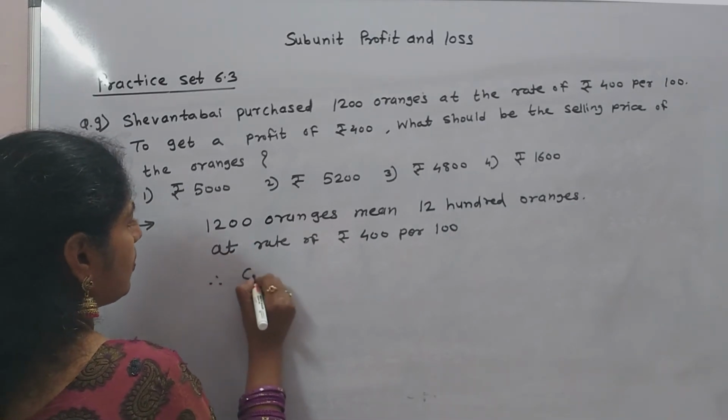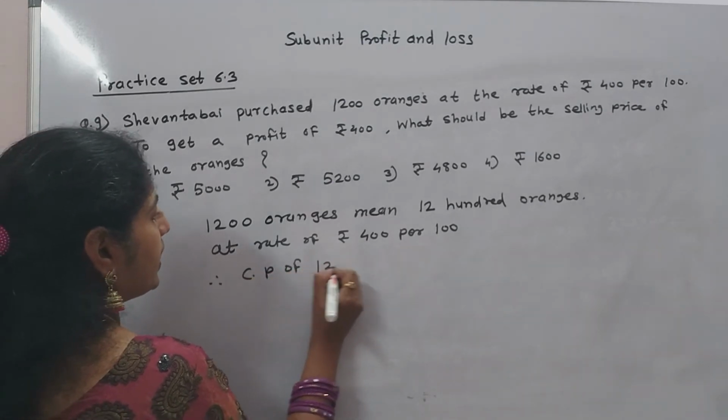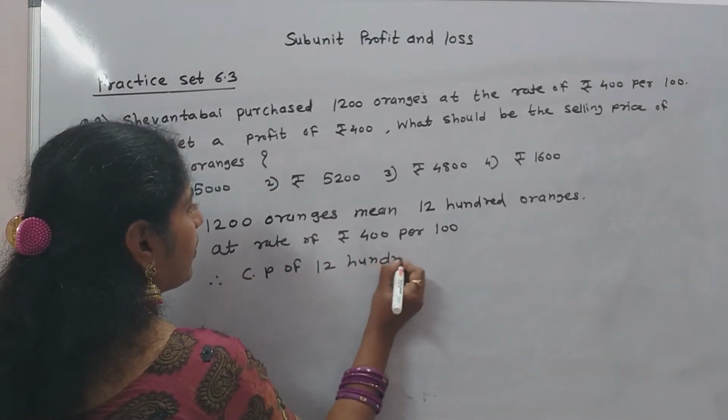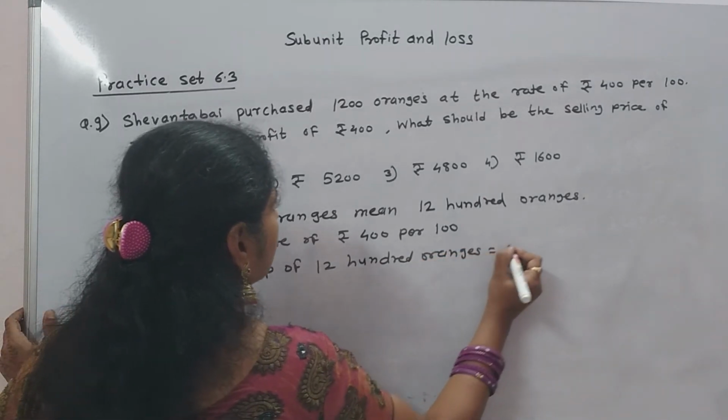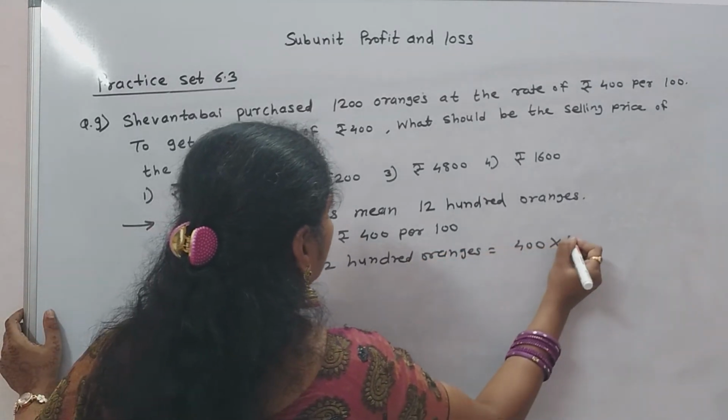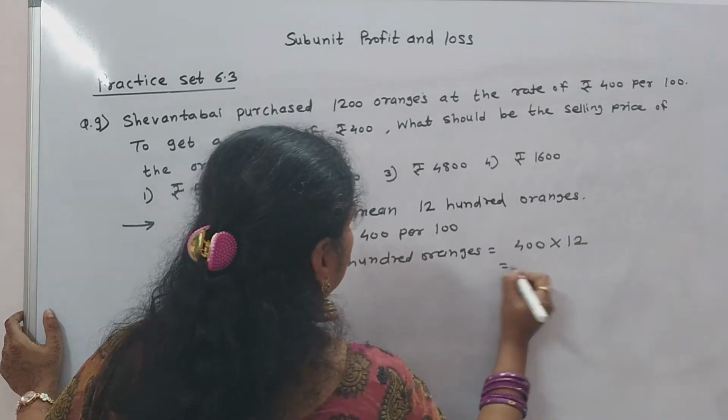So, cost price of 1,200 oranges equal to 400 into 1200 oranges.